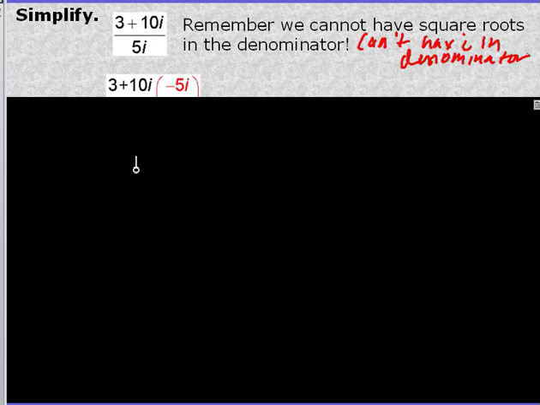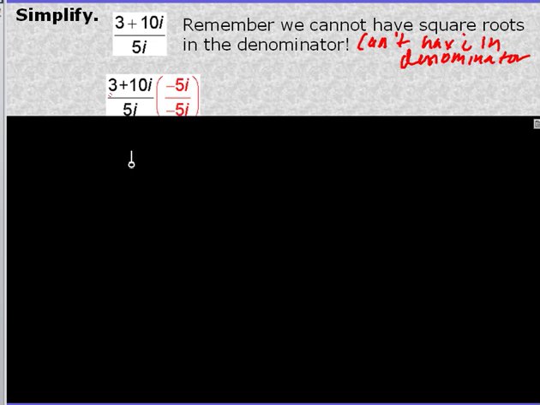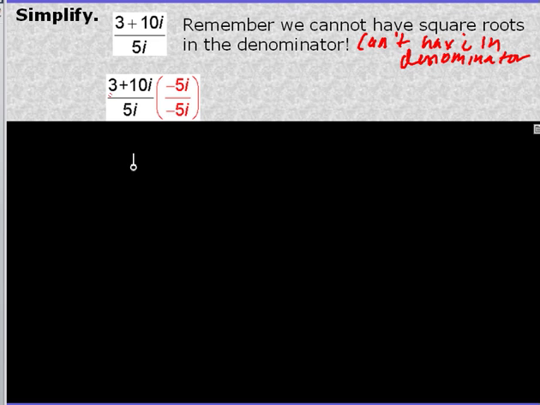So to simplify it, we're going to get rid of the square root by the same thing we did before, multiplying by, well, in this case we're multiplying by negative 5i over negative 5i, so we end up with a positive number in the denominator.